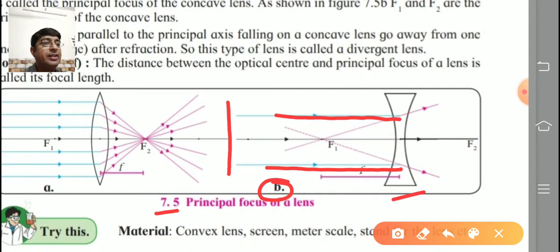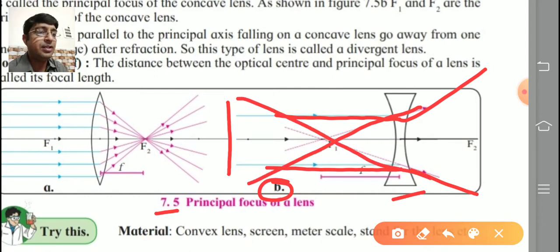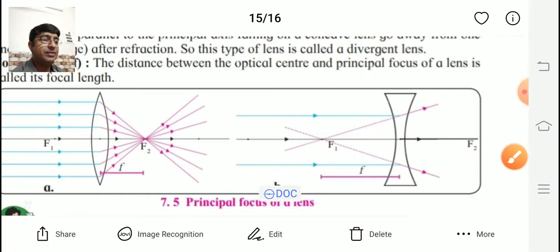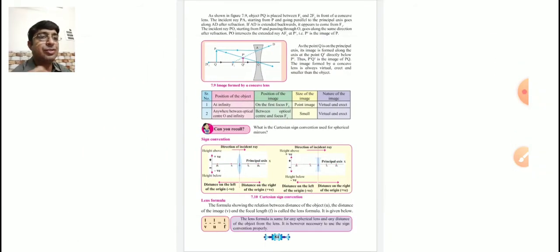What happened after refraction? They are diverged from each other. They never converge, never intersect each other on that right side. So we are extending in backward direction. What do you observe? Both the extended refracted rays appear to converge at one point, that is f1. So image is formed at that point, that is the point size of the image. So this is the diagram of that first point, and the second diagram is already given on the same page.